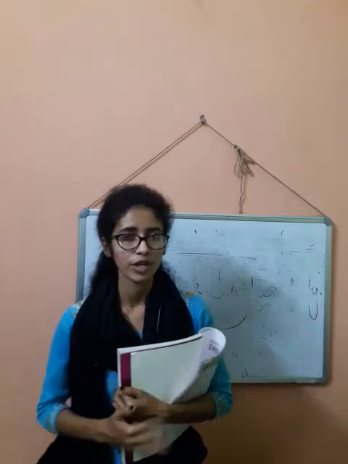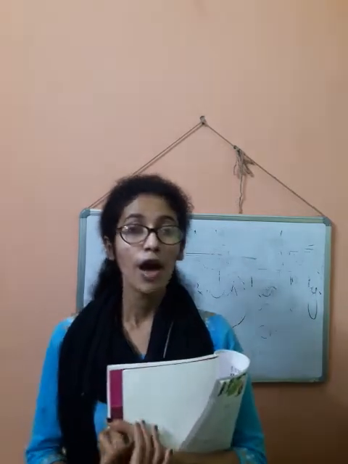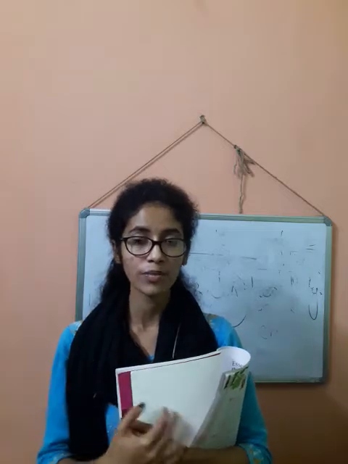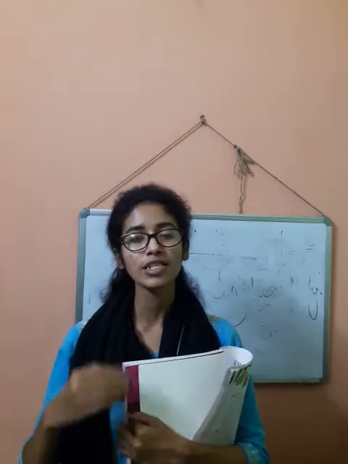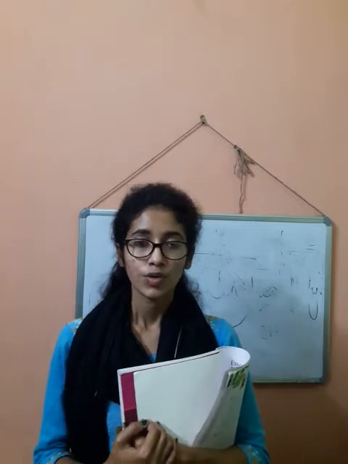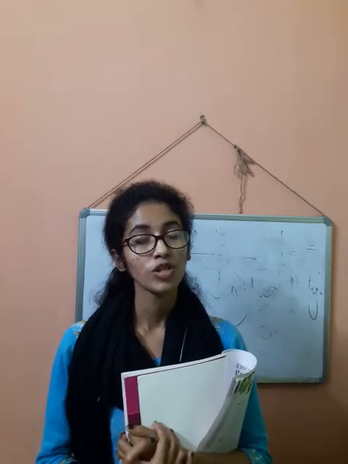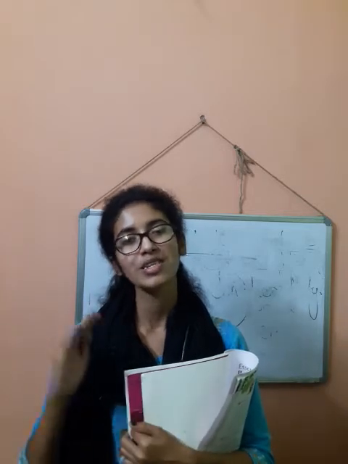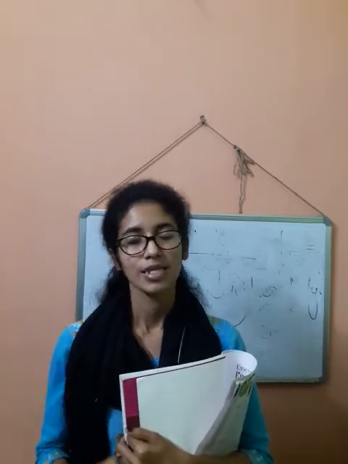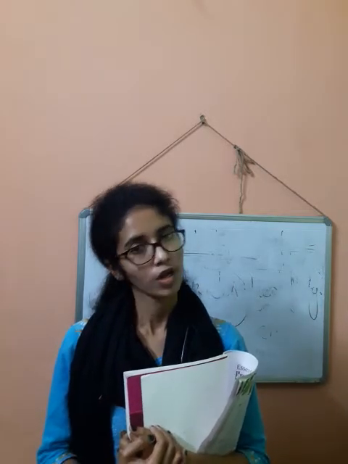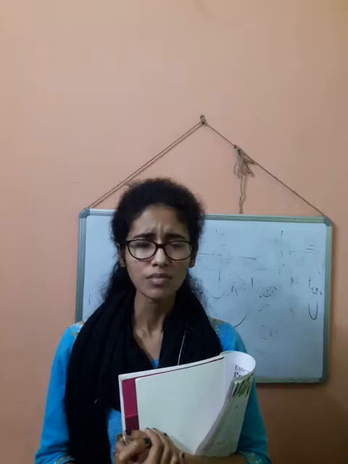There are 5 children. How many children? 5 children. Children is a noun, and the term 5 shows a number and it is describing how many children are there. So these adjectives which show clear numbers, which are used with countable nouns, are called adjectives of number. Understood, I hope?